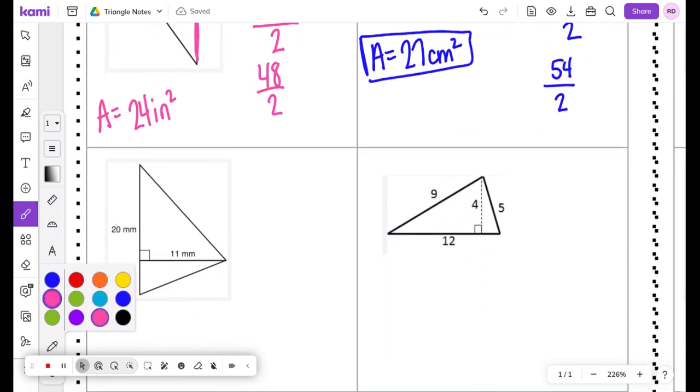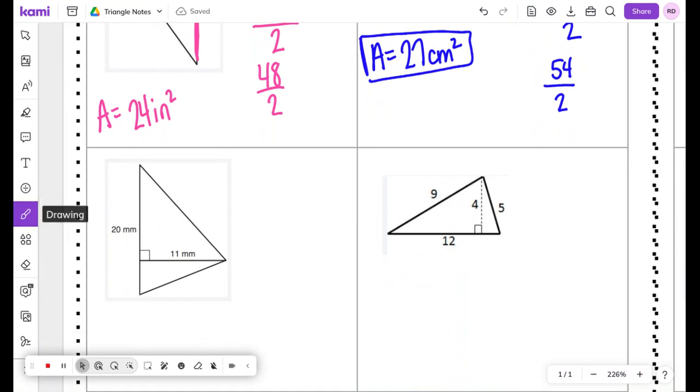Our third triangle, they only gave us 2 lines, so that helps with which numbers to multiply, but they did turn it. So remember, it doesn't matter where they are, you're just looking for the lines that make up that perfect 90-degree angle. So we have our same formula, base times height divided by 2. In this triangle, the base is 20 and the height is 11.